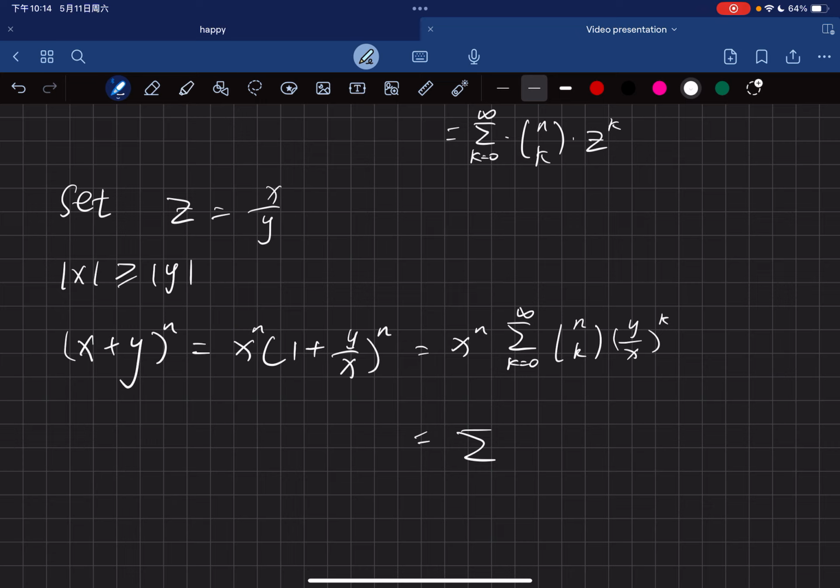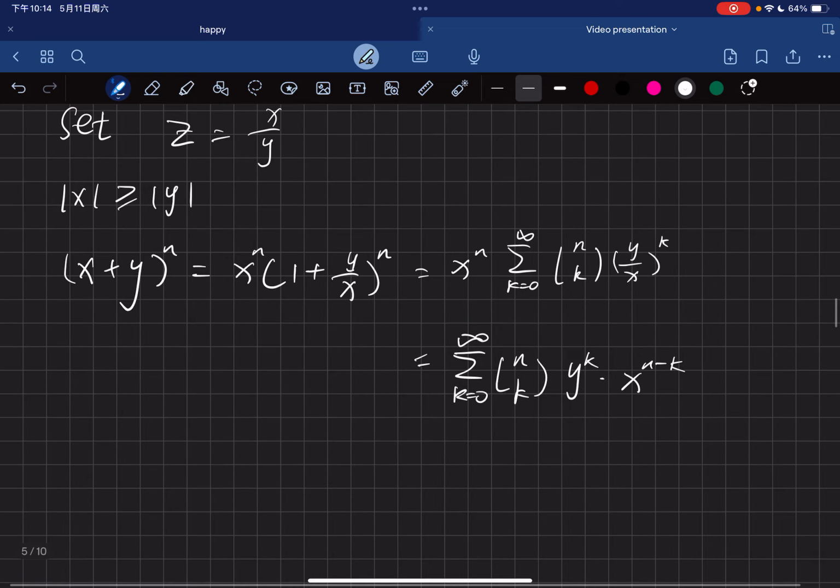So we have the sum from k equals 0 to infinity of n choose k times y to the power of k times x to the power of n minus k. So we get the final equation.